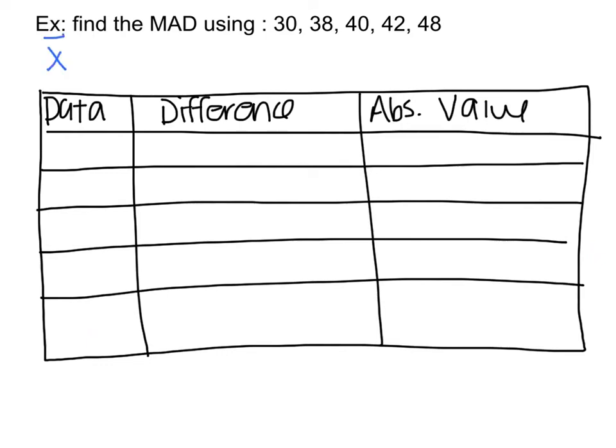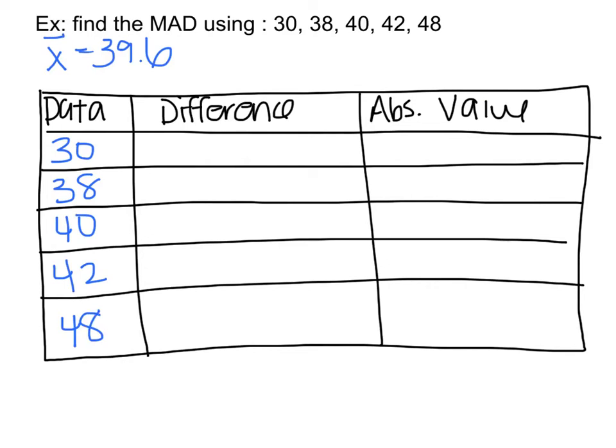So this is the symbol for average. It's going to be 39.6. So then we're going to go ahead and start solving, putting our data in. So we want to do the difference.